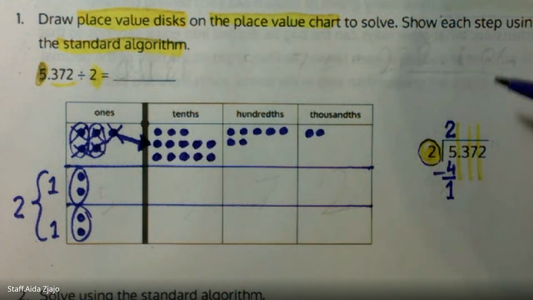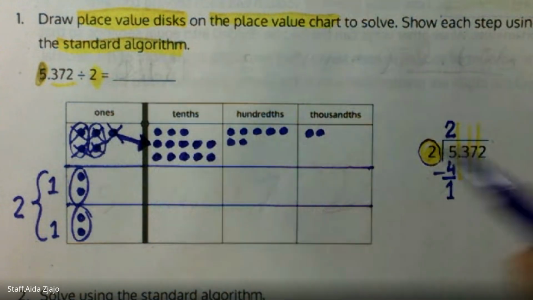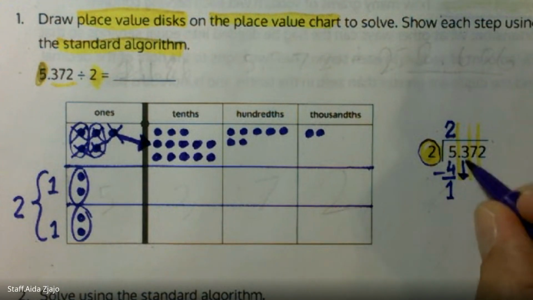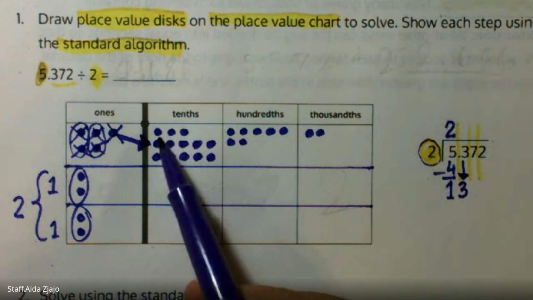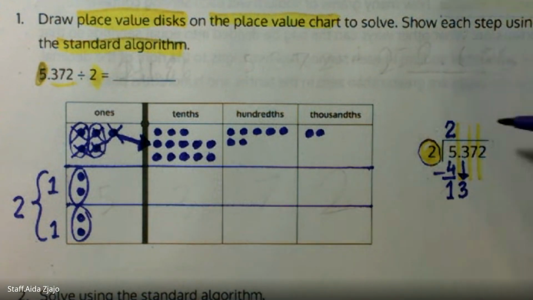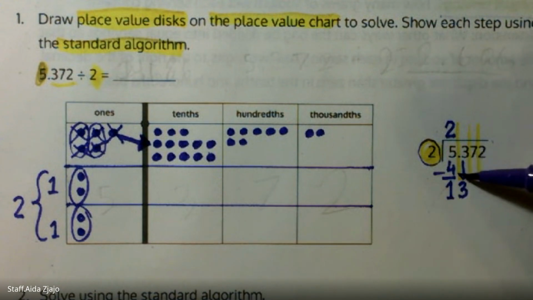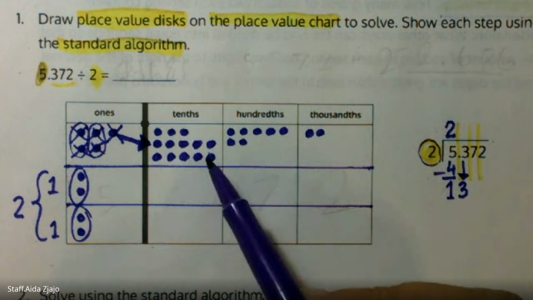So I had 10 tenths, and when I put that together with the 3 tenths, I have 13 tenths. The leftover is 1 whole, but when you bring down the tenths, the whole becomes 13 tenths. Here's the 13 tenths.